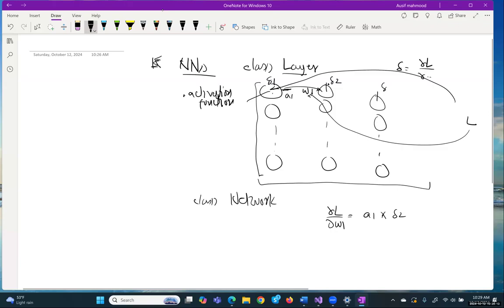Because delta 2 already has the derivative up to this point, to get to this point we just see which previous input connects to this particular neuron. So deltas make our calculation of the derivatives and the backpropagation extremely easy.